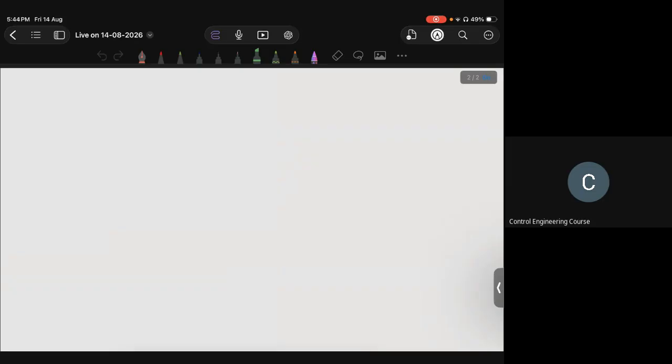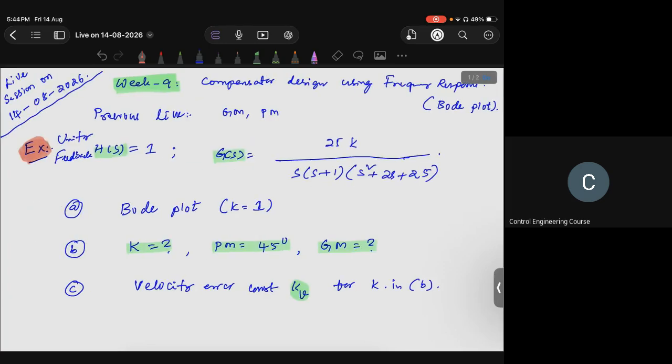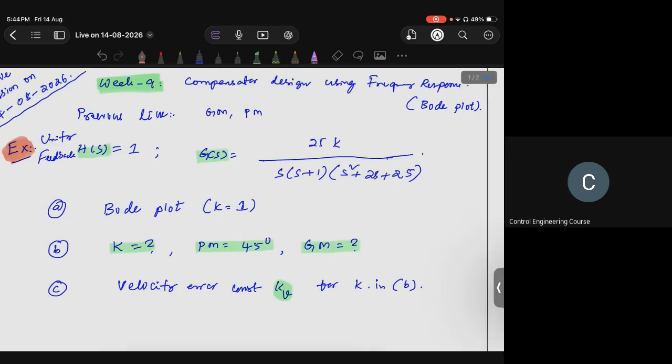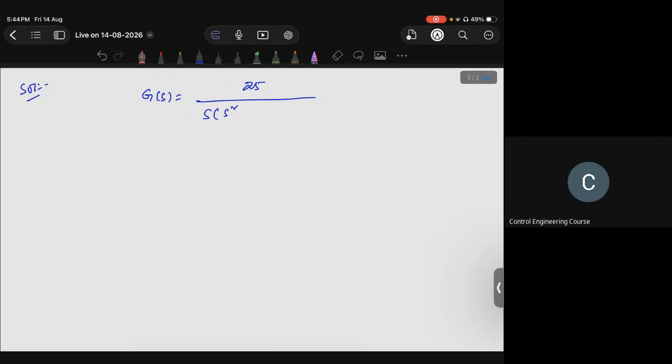So, solution. Let us start with the given transfer function: 25 by s into (s plus 1) into (s squared plus 2s plus 25). This is for k equal to 1.